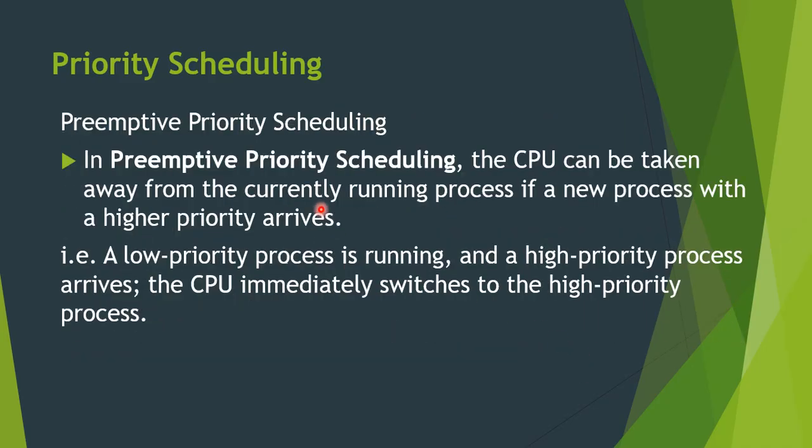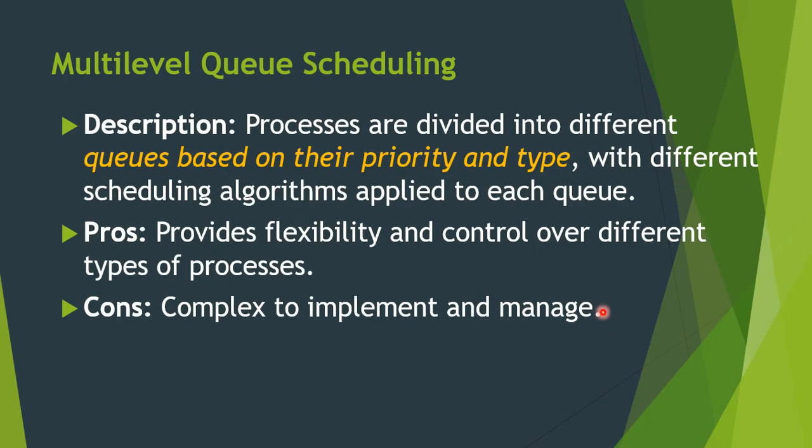However, if it is preemptive, the CPU can be taken away from the currently running process as soon as a new process with a high priority arrives. So if a low priority process is running and a high priority process arrives, the CPU immediately switches to the high priority process. So that's exactly what priority scheduling is all about.